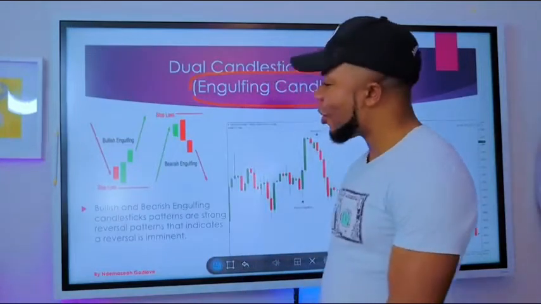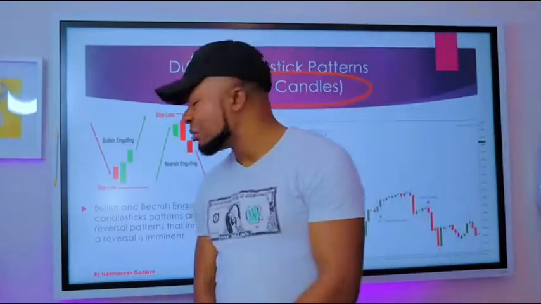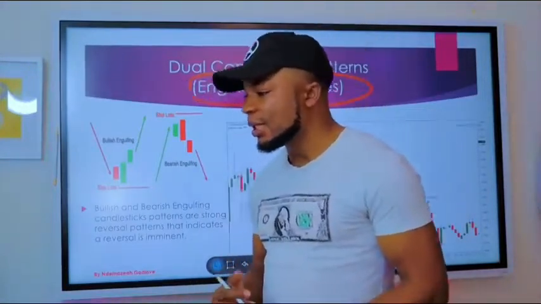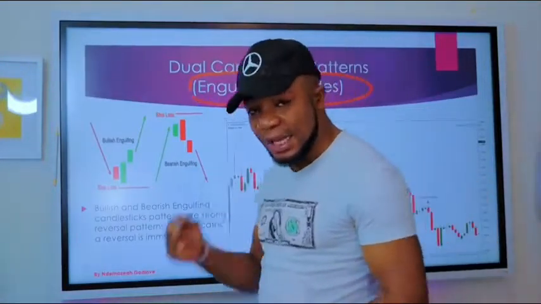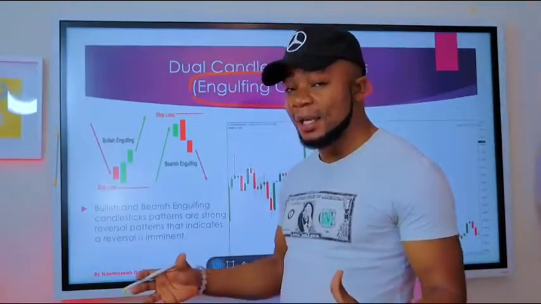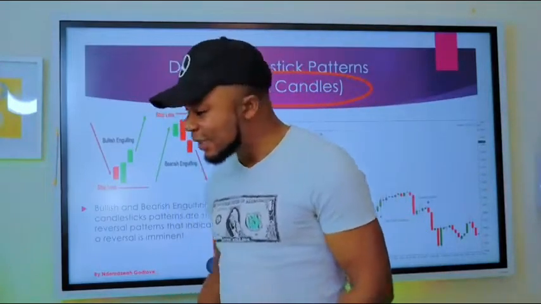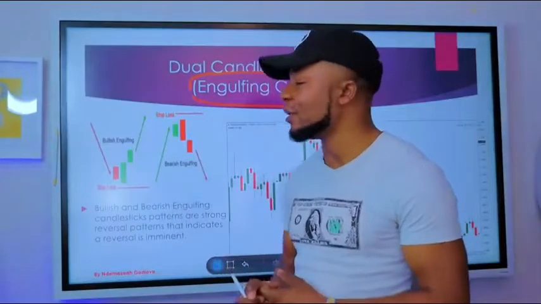You're going to see this all the time, because anytime the sellers come into the market and gain a greater share of the market, majority of the times they will form what they call a bearish engulfing candle. And anytime the buyers come into the market and gain a greater share of the market, 90% of the times they will form what they call a bullish engulfing candle.